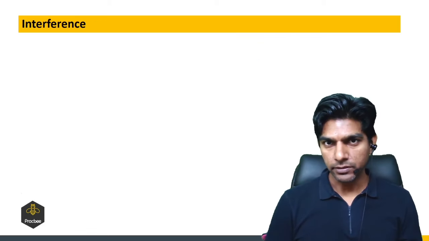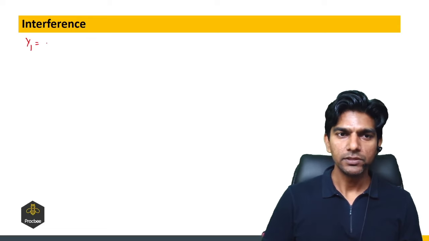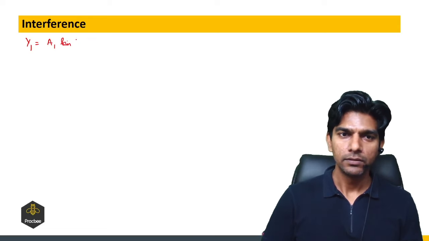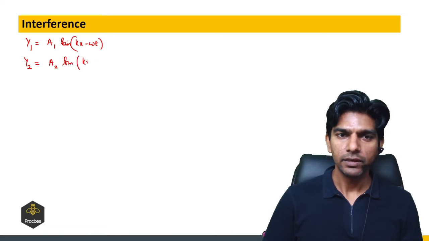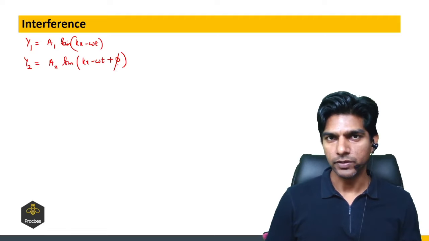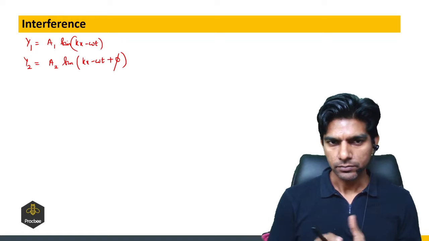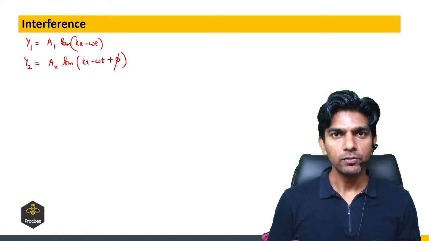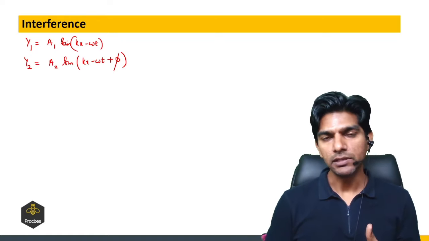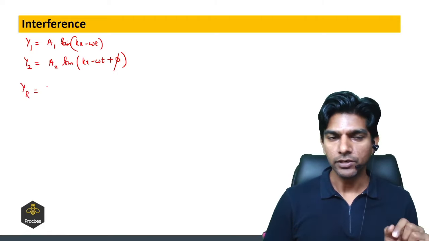Right. So now let us see what interference is. I'm going to take two waves, y1 which is a1 sine(kx minus omega t), and y2 which is a2 sine(kx minus omega t plus phi), where phi is the phase difference between these two waves. Now, if we want to find the resultant wave at a particular place where two waves are reaching simultaneously, by the principle of superposition, the resultant wave will be nothing but the vector addition of both these waves.